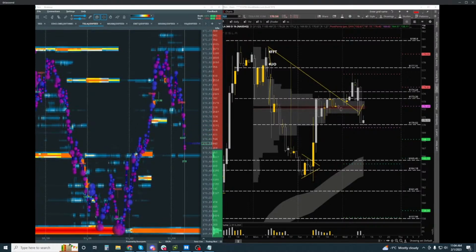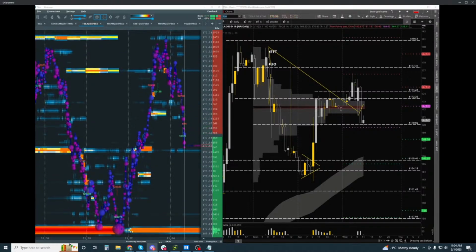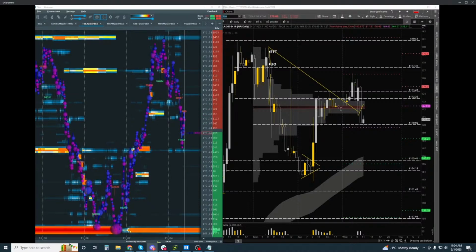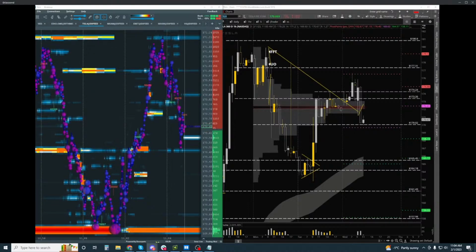And back again down from that 171, you can see the fail. A lot of sellers over here.